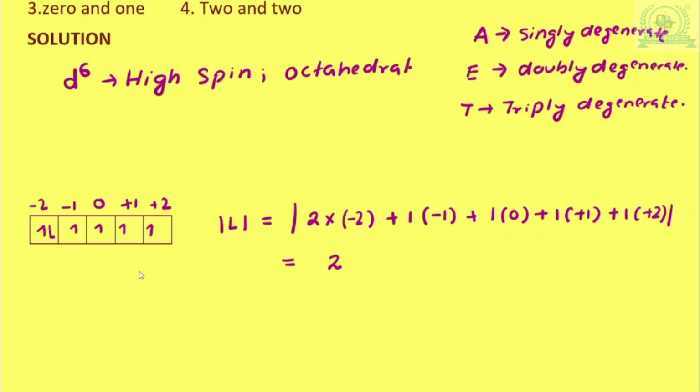So this will turn out to be 2, since we are taking the mod value. We already know that if the value of capital L is 2, you have S, P, D, F, G, H, I, and the corresponding values of L will be 0, 1, 2, 3, 4, 5, 6.